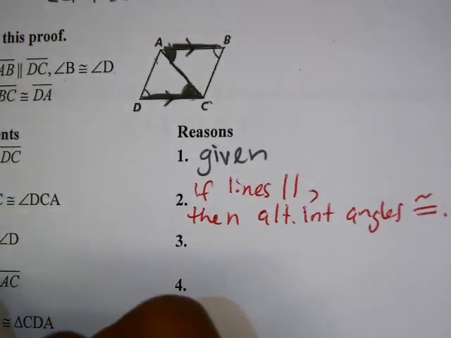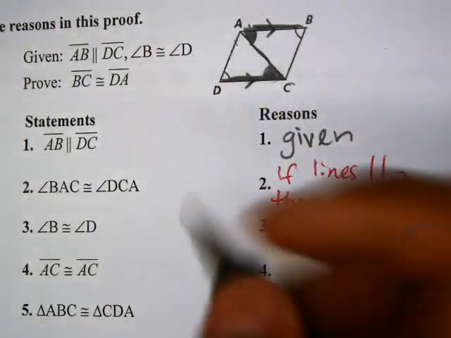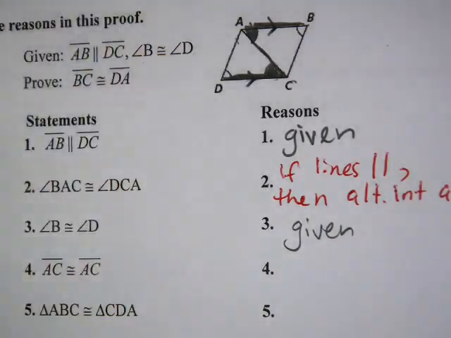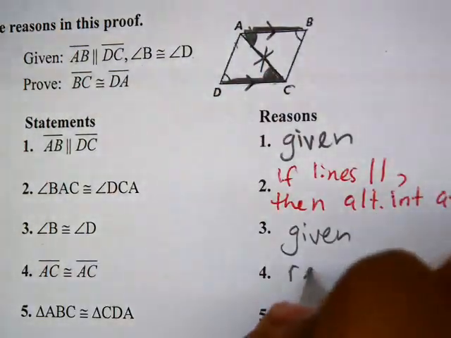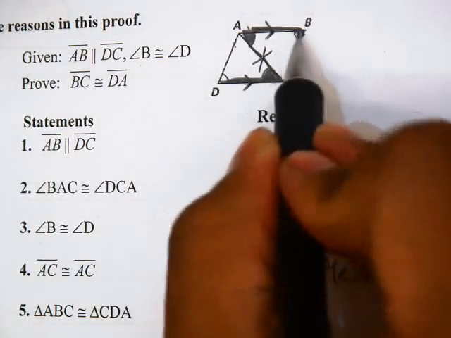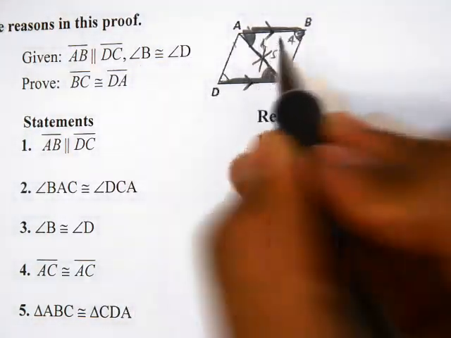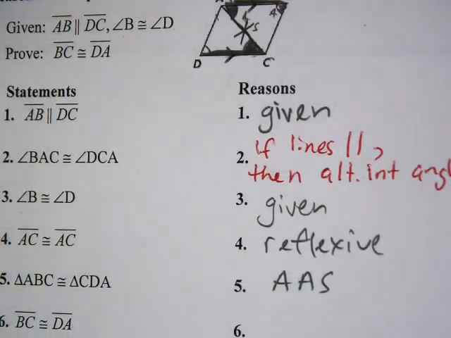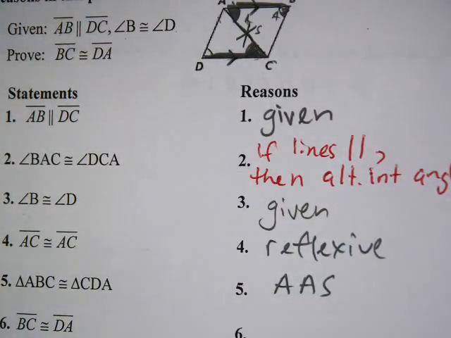Number 3, angle B is equal to angle D. That's in the given statements. So that's given. AC is equal to AC. Well, that's reflexive. So now I have two angles and a side in each triangle. That means the triangles are equal by angle, angle, side, because the side is not in between the two angles.